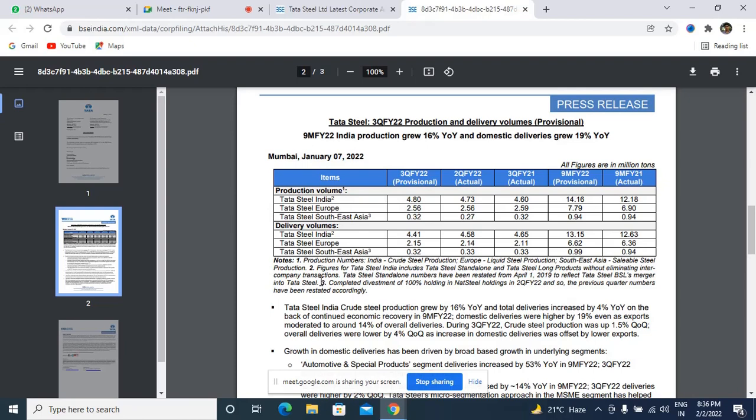Now it is one standalone entity. For the management purpose, for the efficiency in management, corporate governance, production, cost reduction, everything. Overall, for the managerial purpose, they merged this entity Tata Steel BSL into Tata Steel.